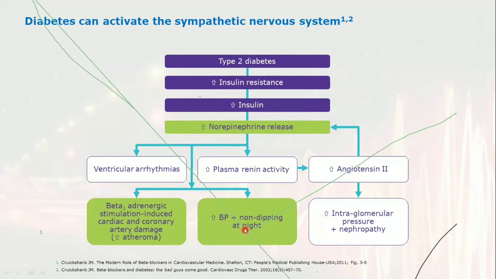The same is happening with the increase in the sympathetic activity of the cardiovascular system, and in type 2 diabetes also, a similar effect is seen in the body system.